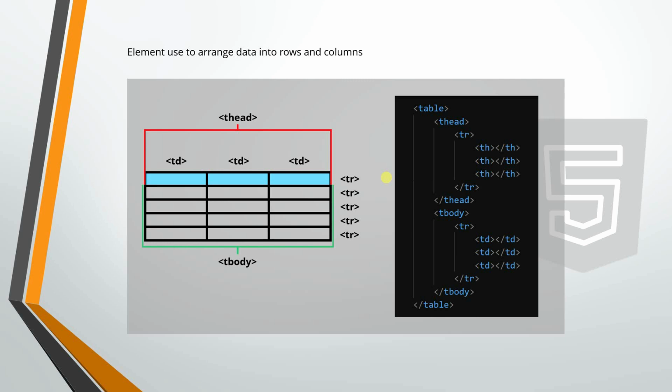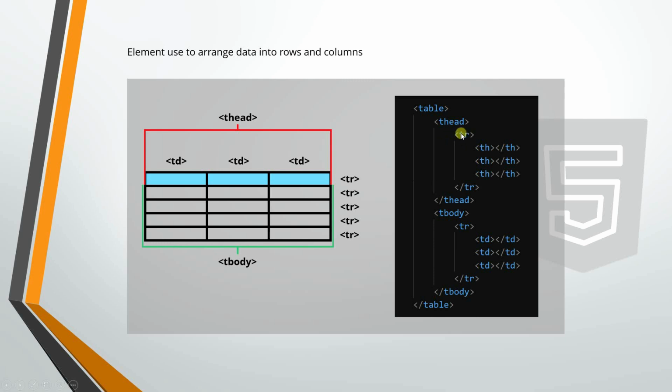As you can see in our illustration, this is the head of our table. This is the sample format of our table element. Our table element has a table head, which is the thead or the table header.